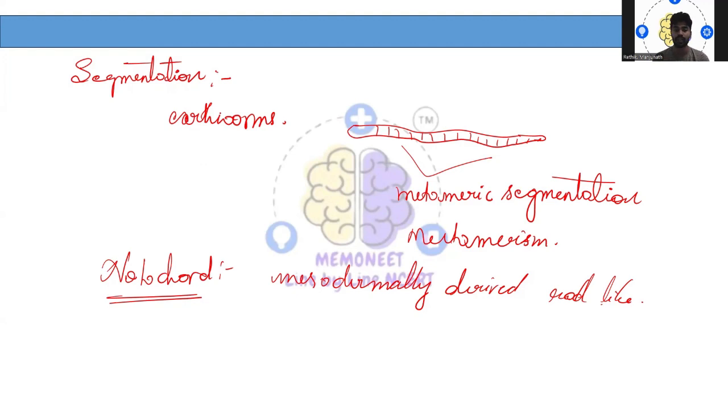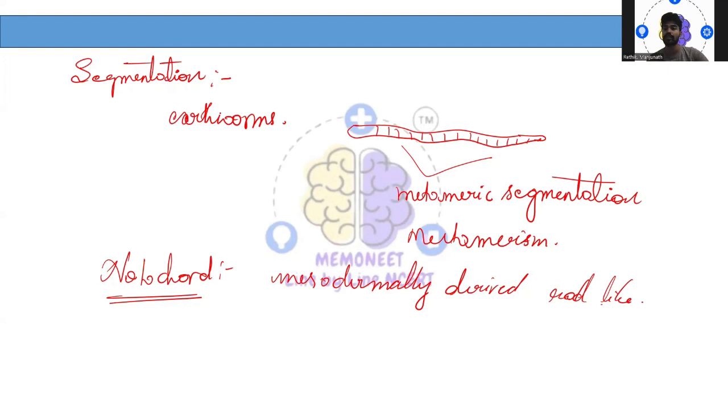Clear? From porifera to echinodermata the notochord is absent, and in chordata it is present.